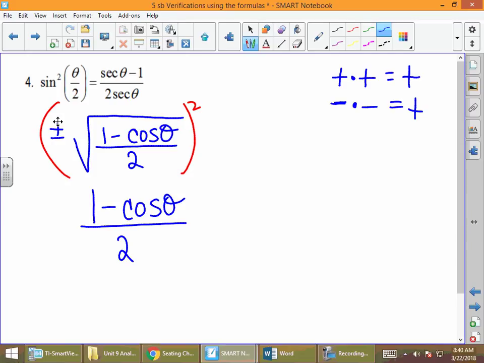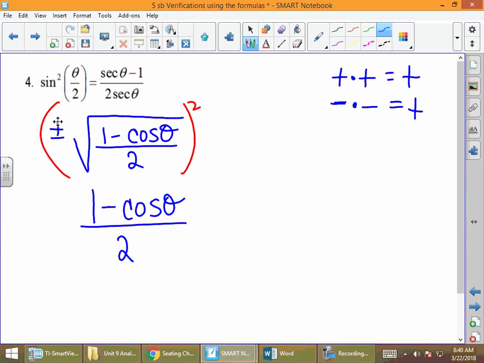And I admit, I had to step back and think. I did not know what to do. I had to go back to my trig verifications problem, and I had to look at my steps, some suggestions. But what ended up happening here is, at some point, I need to turn my left side of the equation into secant.